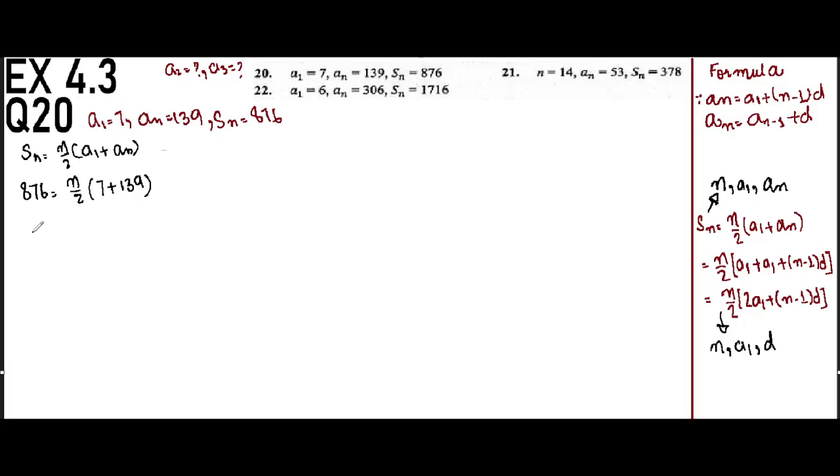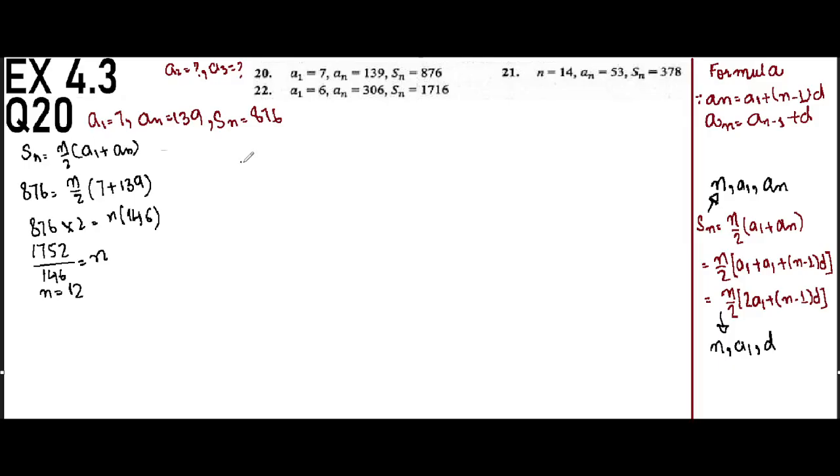Now we have 876 into 2 is equal to n into 7 plus 139, which is 146. This is equal to 1752 divided by 146 is equal to n, and n equals 1752 divided by 146, which is 12. So n equals 12.